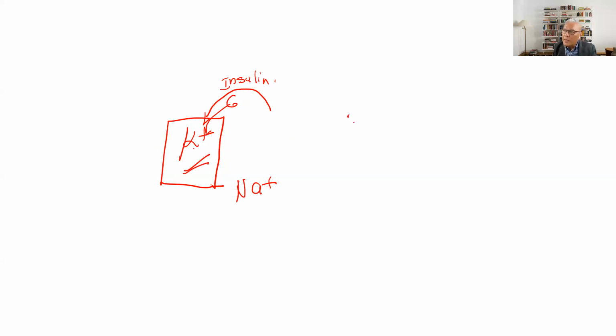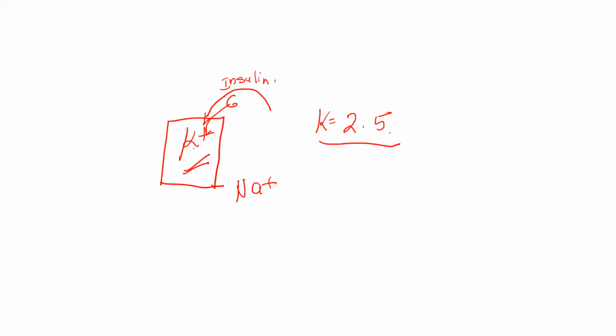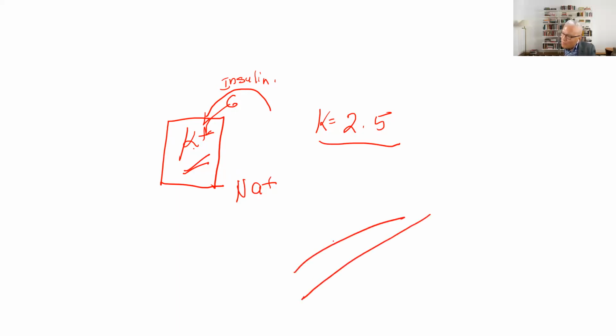So you had a potassium of 2.5. Is this normal or abnormal? It's abnormal, right? Okay. So this is your vascular bed and your potassium here is 2.5. Now you gave insulin. When you gave insulin, what's going to go into the cell right there? Glucose and what else?